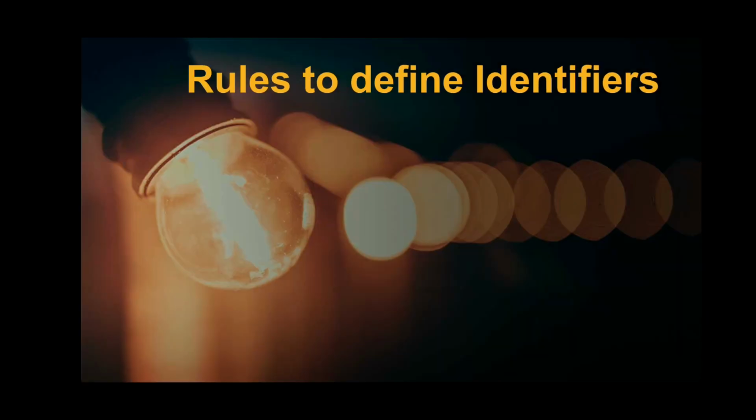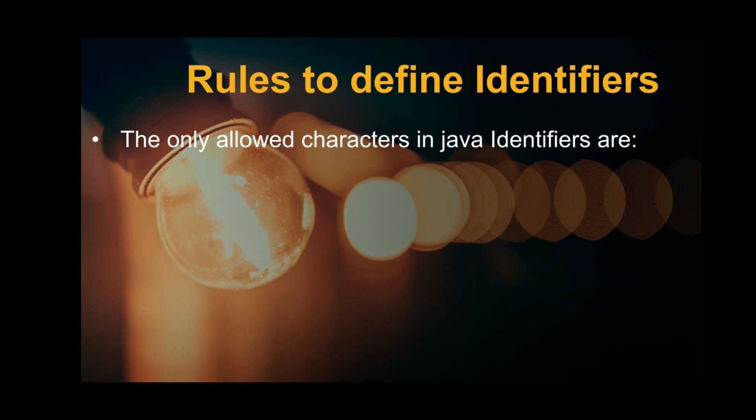Now the next topic is rules to define identifiers. First rule: the only allowed characters for Java identifiers are small a to z, capital A to Z, underscore, and dollar.